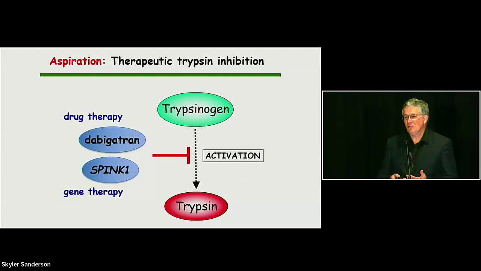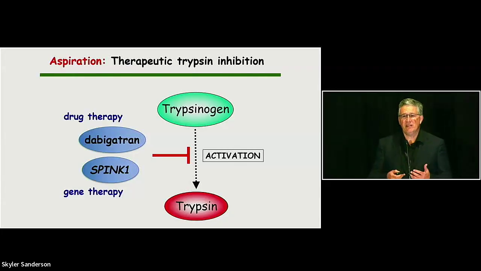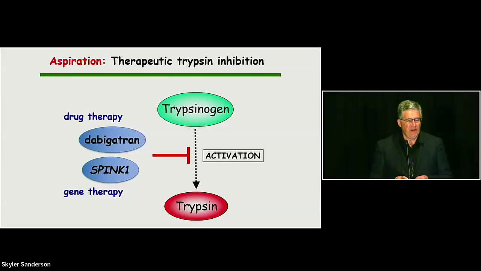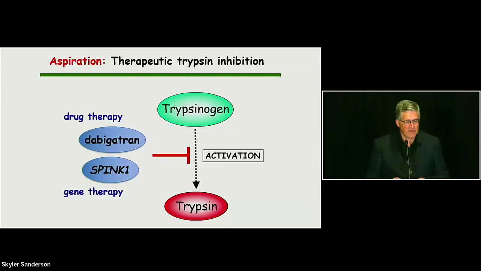A big advantage of these models I quickly ran through is that obviously you can use them for preclinical studies and test preclinical trypsin inhibition in these models. So there have been 2 attempts made so far. One is with dabigatran, which is an FDA-approved anticoagulant, where first Bo and G's laboratory showed that it's efficacious in trypsin-dependent pancreatitis, and we also demonstrated that in a more detailed study.